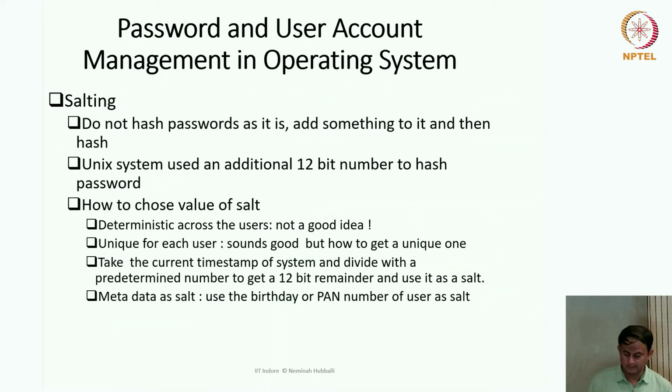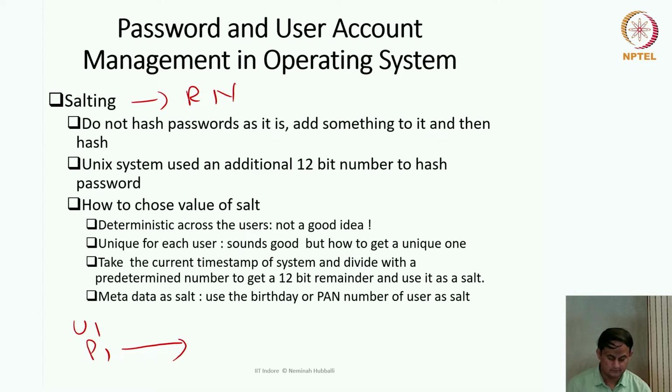So what exactly happens in salting is, you don't hash the password as it is, you generate something called a salt. This is actually a random number. You take the user password, let's say user 1 has the password P1, and concatenate it with the random number, which is the salt value.